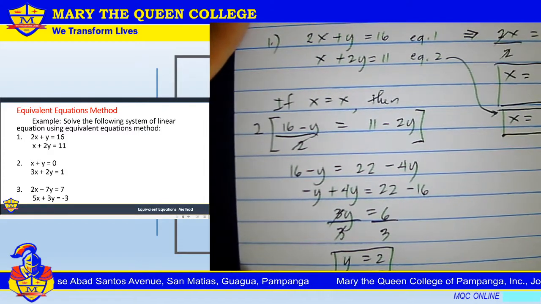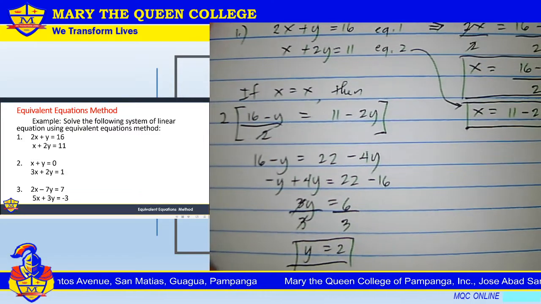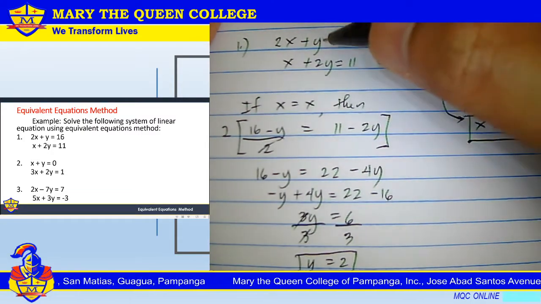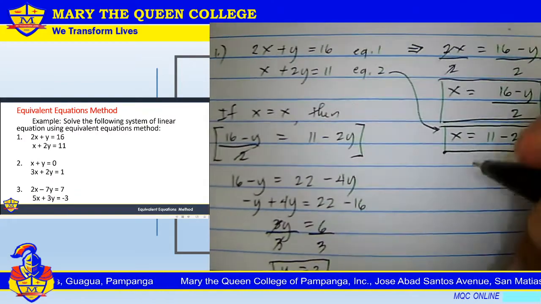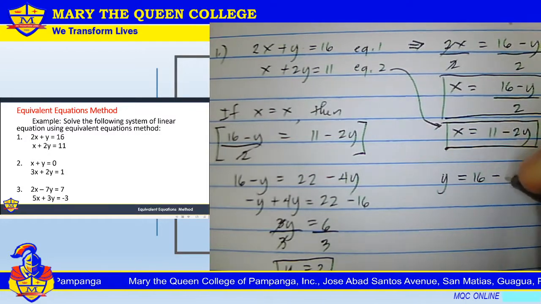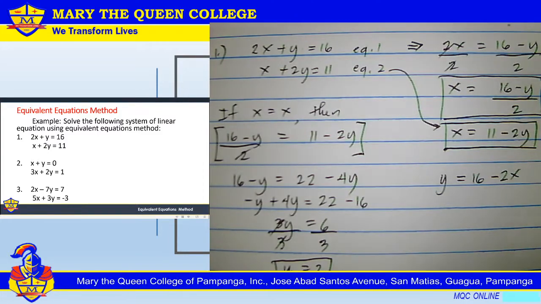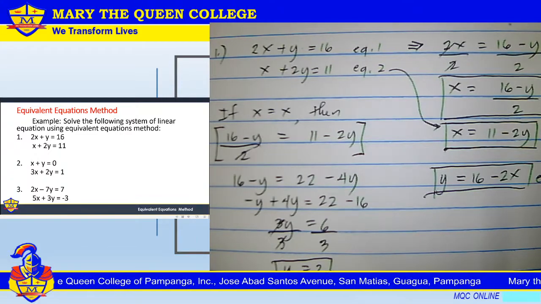And then yung isa, since equivalent equations tayo, for the sake of discussion, focus naman tayo sa y dito. Okay? So, halimbawa, we have y is equal to 16 minus 2x. This is our equation 5.